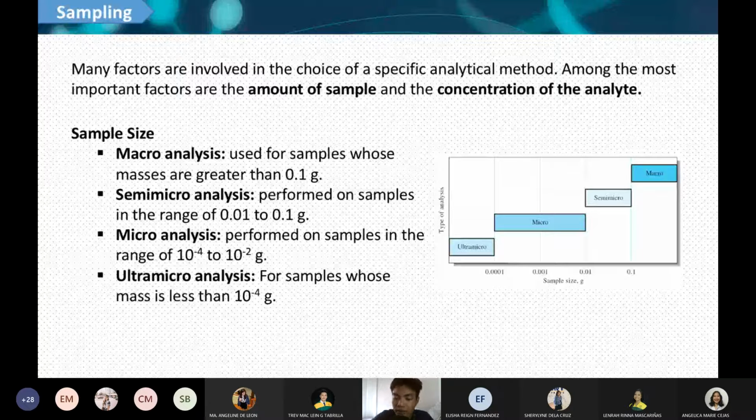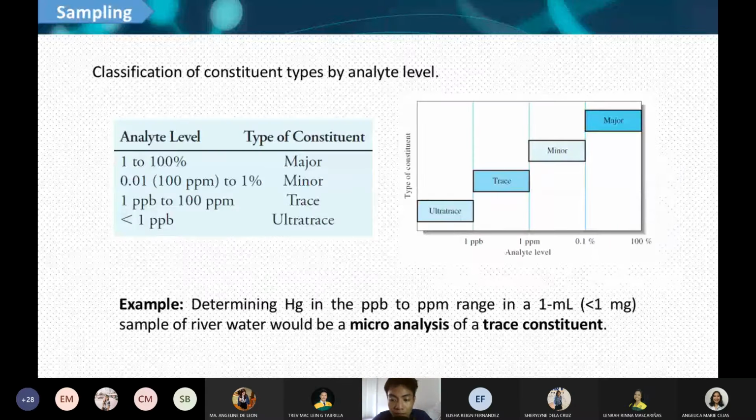Okay? Other than the amount of sample, we can also classify the methods using the analyte level or the amount of your analytes in your solution. So for example, you are doing major constituent analysis. That means the analyte must be at least 1 to 100% of the entire solution volume.